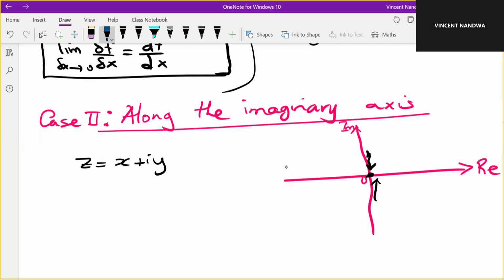Unmute and say the answer. x is always 0 on the imaginary axis, correct?